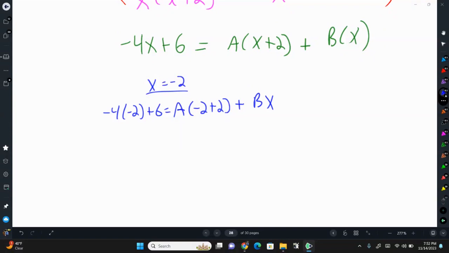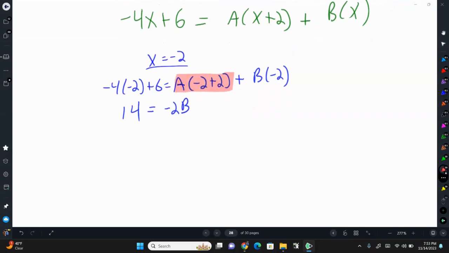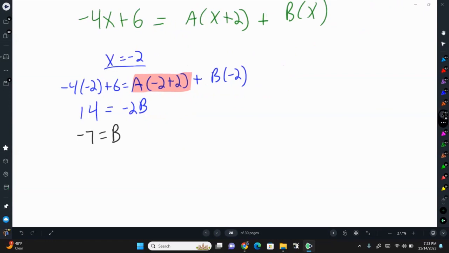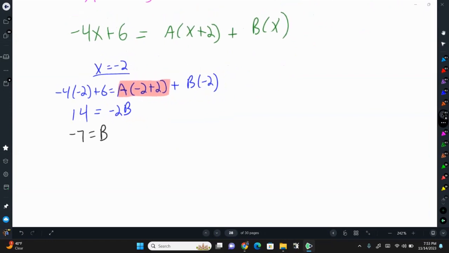So the left side, negative 4 times negative 2 is positive 8 plus 6 is 14. Oh, wait, x is negative 2. I'm sorry, x is negative 2, so b times negative 2 equals negative 2b, because this is 0. Divide both sides by negative 2, so negative 7 is equal to b. Now let's evaluate it at x equals 0.